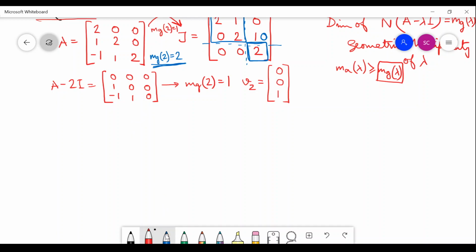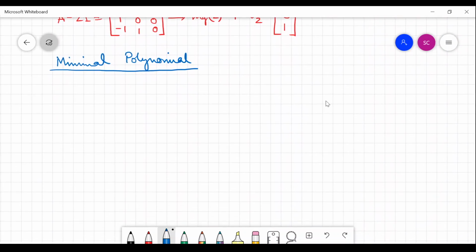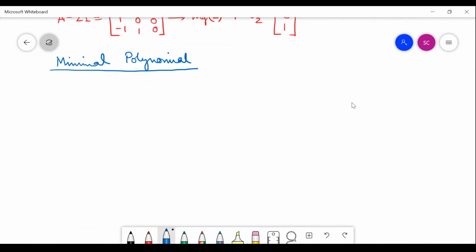Now let us talk about minimal polynomial. This is a very important concept, and when I am discussing it, I will discuss it from the mathematical point of view, and you might not get a very direct relevance to the eigenvector problem, but that will be taken up in the next lecture.